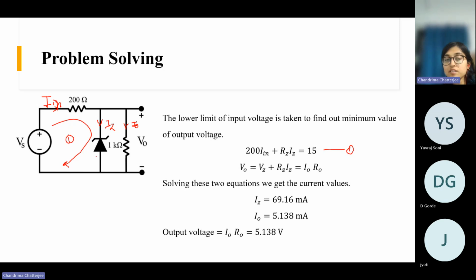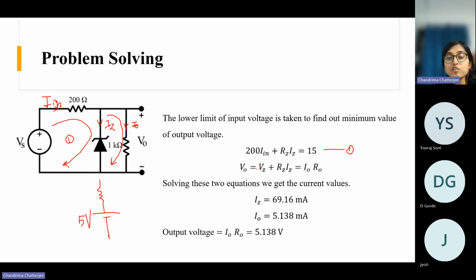You imagine one resistance and one constant voltage which has a value of 5 volt. After applying KVL, we get this equation. What is the second equation? The second equation is in this loop.